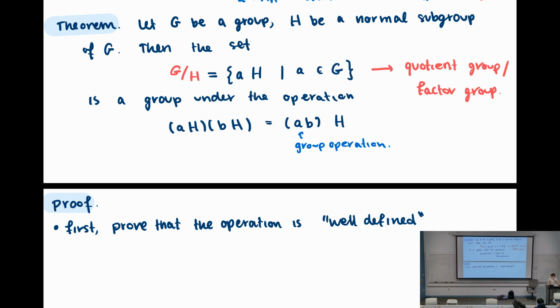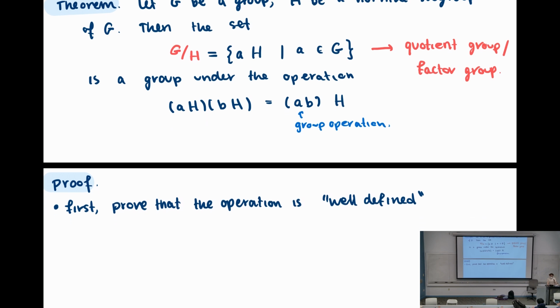So specifically what I mean by that is that we need to show that if aH is equal to some a prime H and bH is equal to b prime H, then, well, when I define my multiplication, it shouldn't matter if I multiplied the a and the b or the a prime and the b prime.